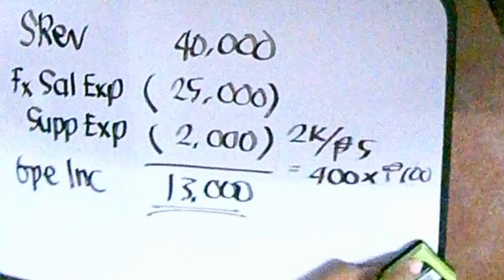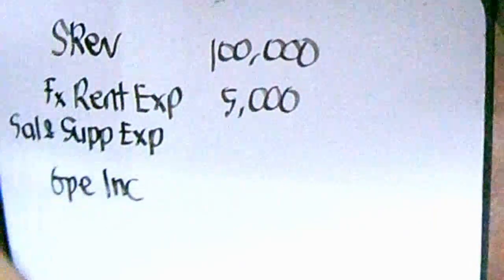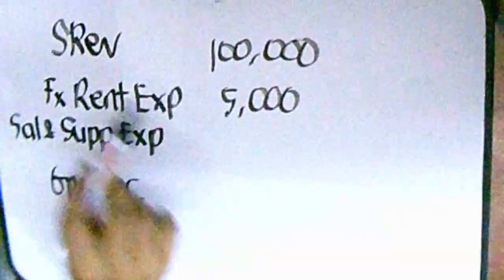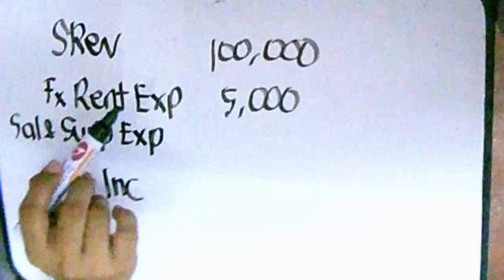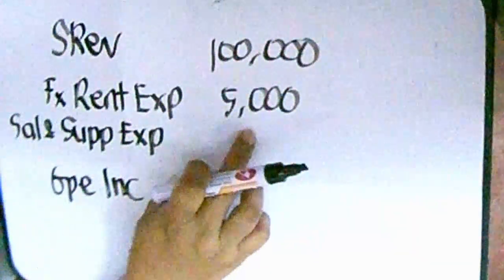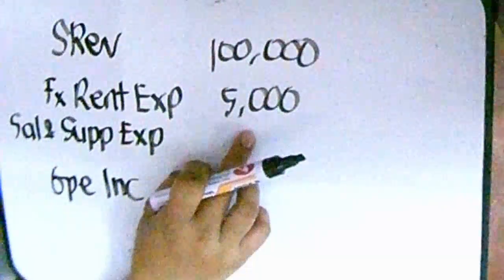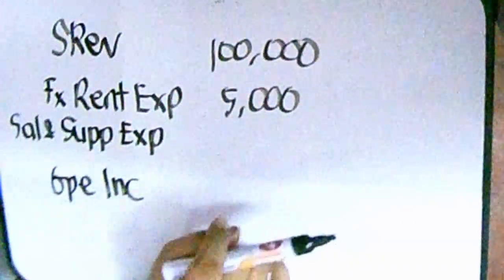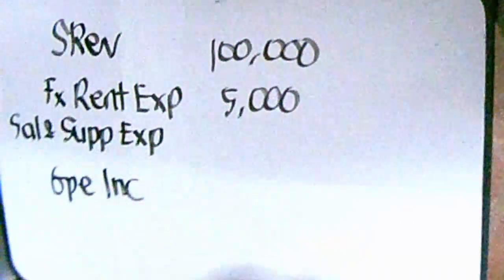Okay. So delete lang natin to. So again, ito yung given service revenue of 100,000, fixed rent na 5,000, and then dito sa salaries and supplies expenses is 50 daw for every 100.